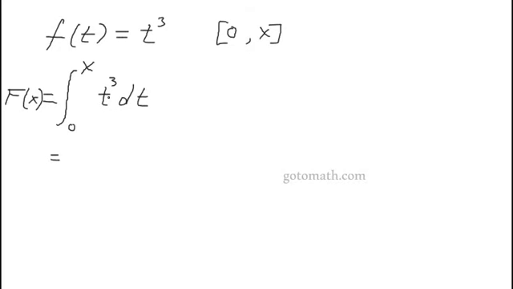So we should all know how to take the integral of this. This is just going to be t to the fourth over 4, and we're going from 0 to x.